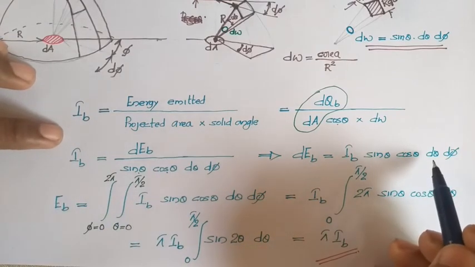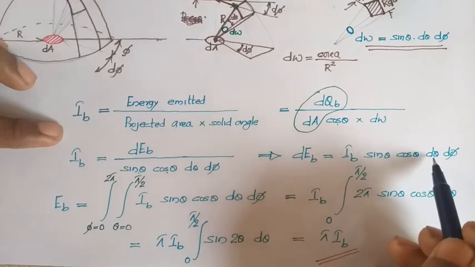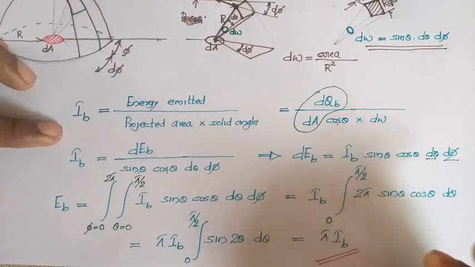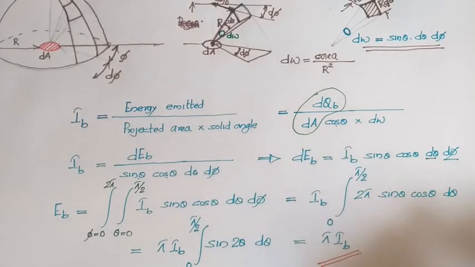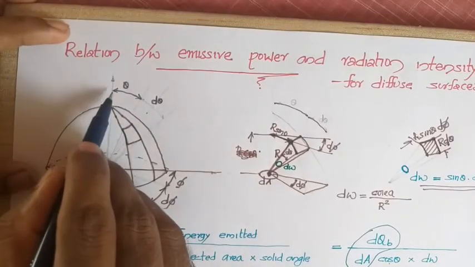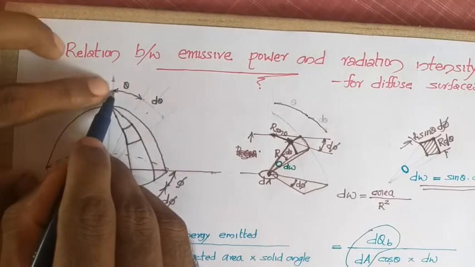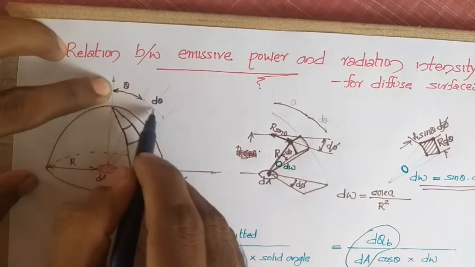So I can obtain the total emissive power E_B by integrating. Here you have to do multiple integration over both d theta and d phi. So you have to obtain the range of theta and phi from this diagram. Here theta is the angle measured from the vertical. So this element can move from the vertical, 0, to this line.